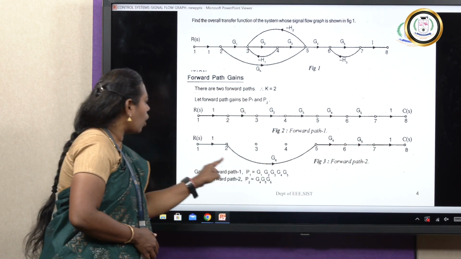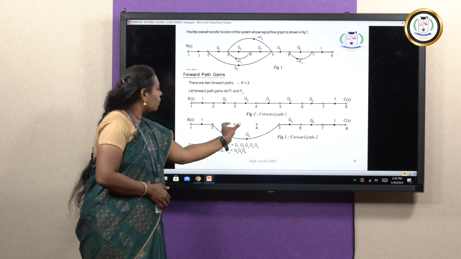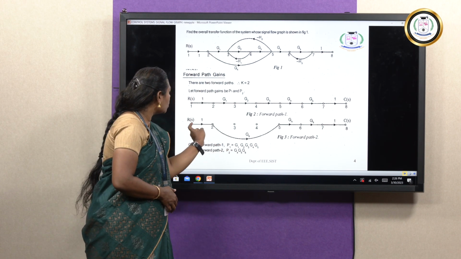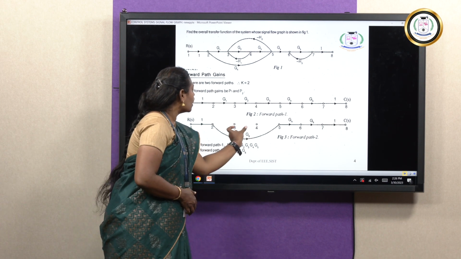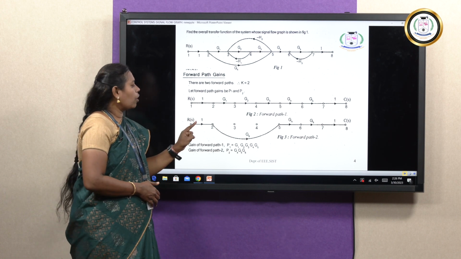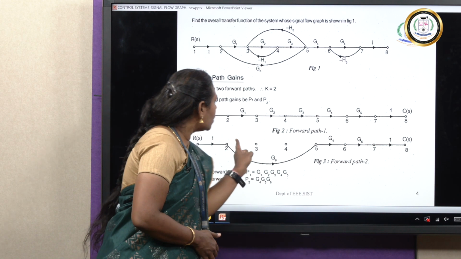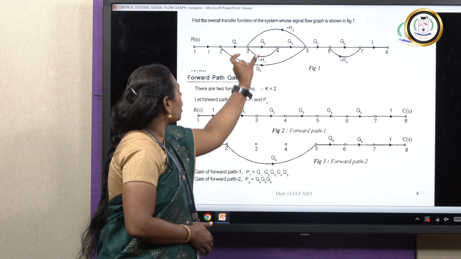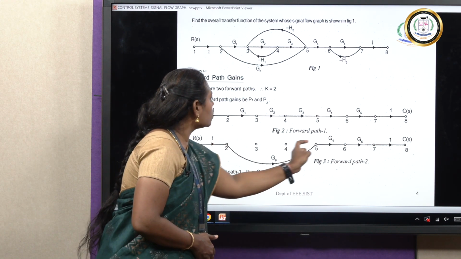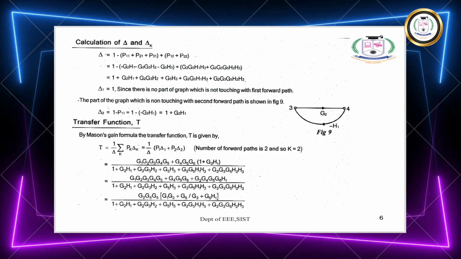So, you have a loop 3 and 4 as an individual loop, and that 3 and 4 is not touching this forward path. So, you can consider that loop gain and find your del 2. For finding del 2, you have to consider your second forward path. In this second forward path, the loop 3 and 4 is not touching, so we have to consider that gain.